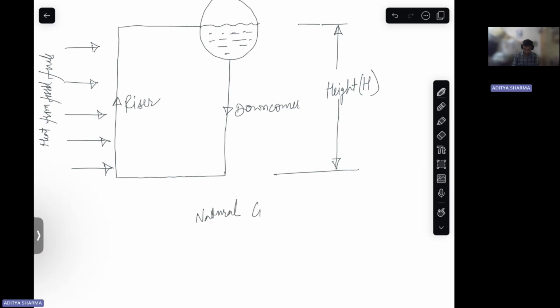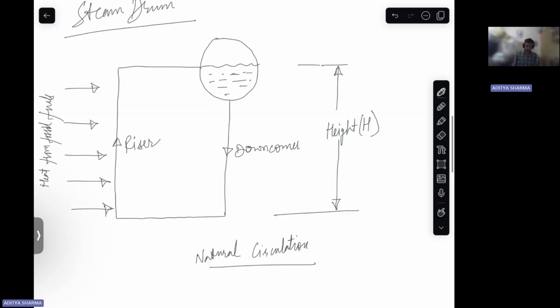Natural circulation. So forced circulation is also one option. Okay. So what happens here is this is your steam drum.